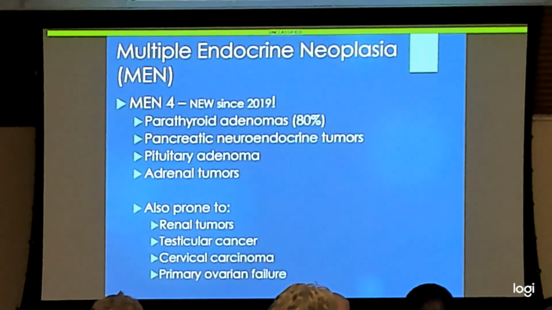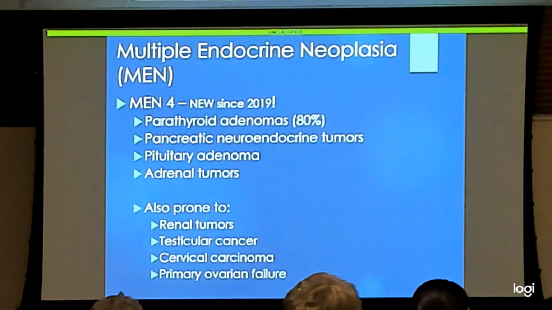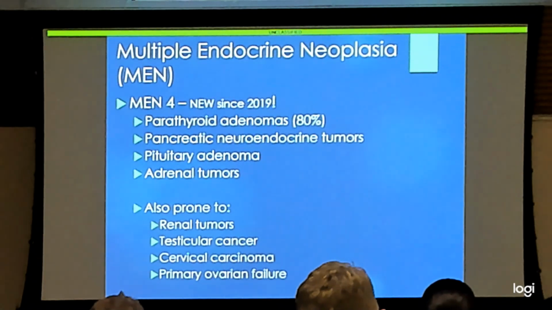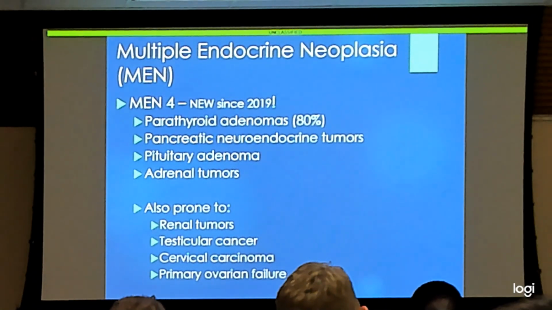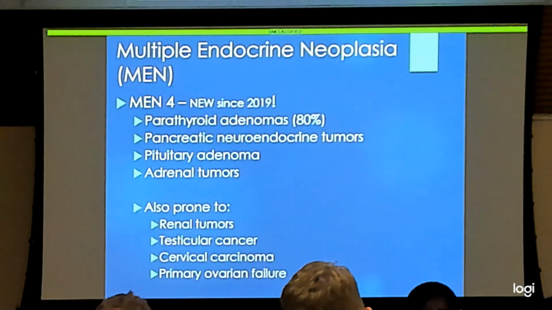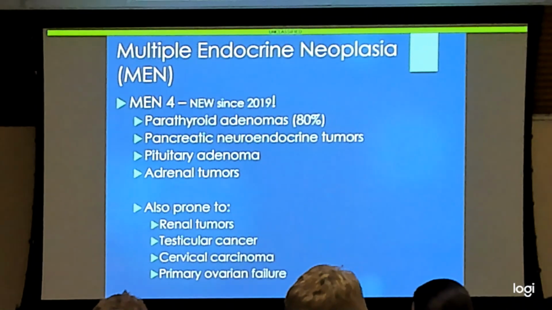So this one has a lot of similar conditions: parathyroid adenomas, pancreatic neuroendocrine tumors, so in the endocrine pancreas, pituitary adenomas, adrenal tumors, and they're also prone to other things depending on the gender, right?